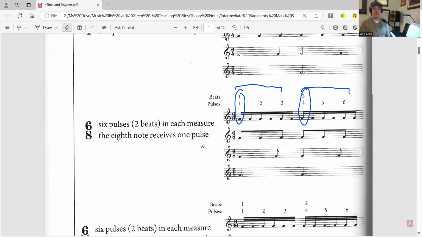Something that's interesting as well with compound time is that sometimes composers write a piece in a very fast tempo. Jigs are examples of that from the Baroque period, where we go 1, 2, 3, 4, 5, 6, 1, 2, 3, 4, 5, 6.